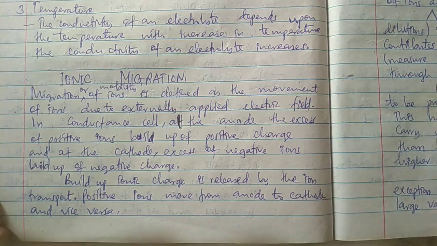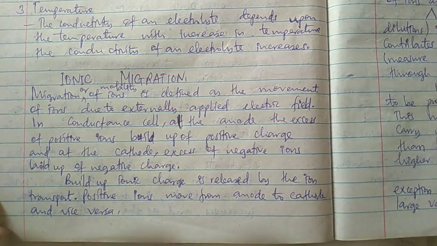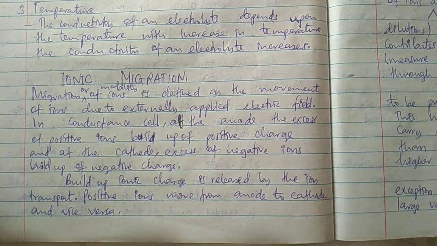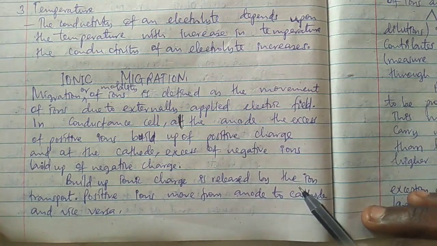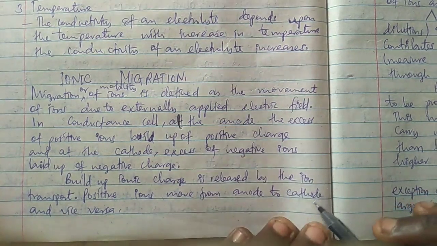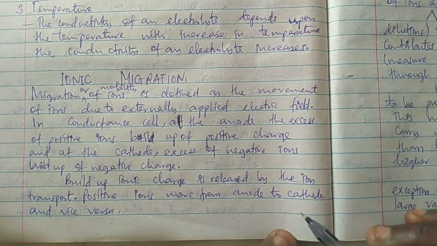So the cathode has negative charge, and the anode has positive charge. The built-up ionic charge is released by ion transport. Positive ions move from anode to cathode and vice versa.